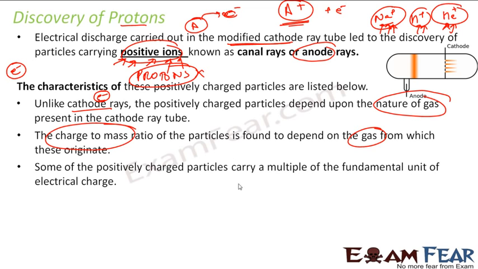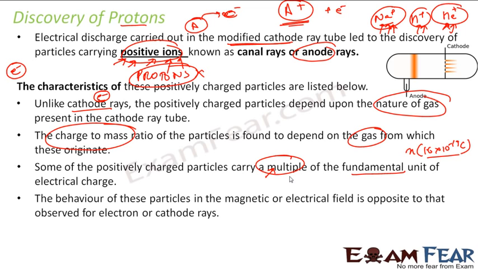Now they found that all these charges were multiples of a fundamental unit. Similar to the Millikan experiment, where he found that the charge was a multiple of 1.6 × 10⁻¹⁹ coulomb, here also they found that all the positive charges found using the experiments were a multiple of a fundamental unit of electrical charge.